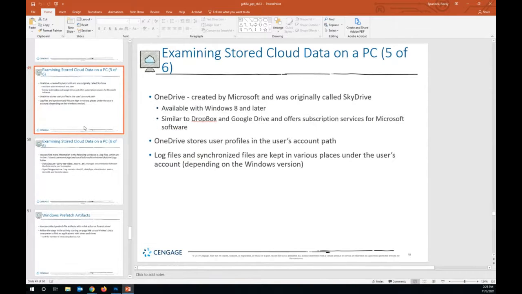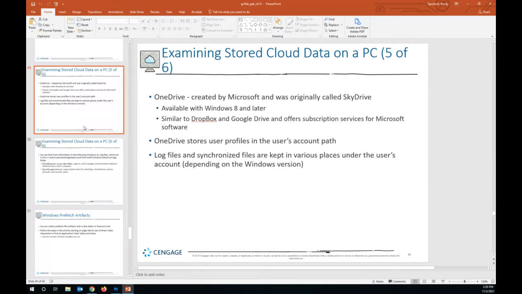OneDrive was created by Microsoft. It was originally going to be called SkyDrive. This is something that was available in Windows 8 and later. Like Google and Dropbox, it is similar to those. It does have the free version, but it also offers subscription services. It's going to store the user's profile and the user's account path.